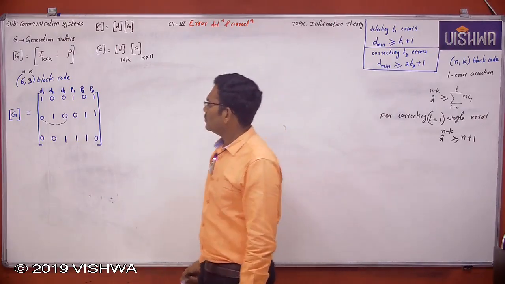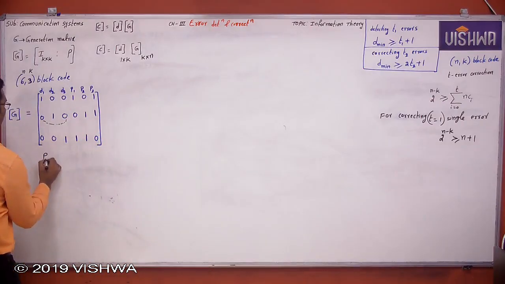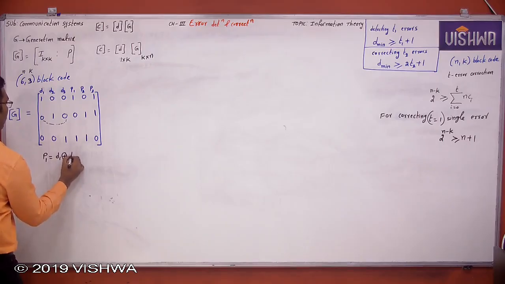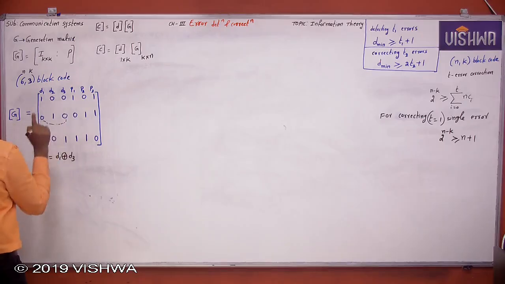So what is P1? P1 is nothing but D1 exclusive OR D3. You check: 1 exclusive OR 0, 1; 0 exclusive OR 1, 1. So satisfied.